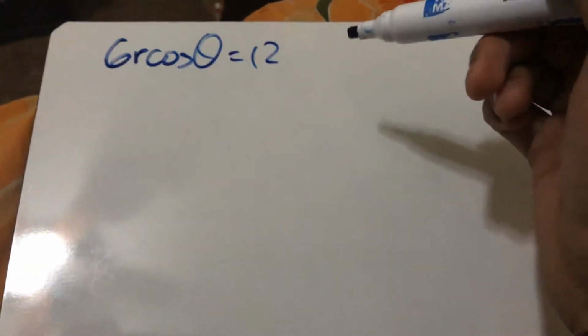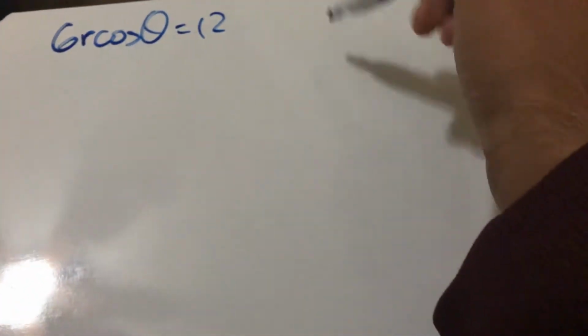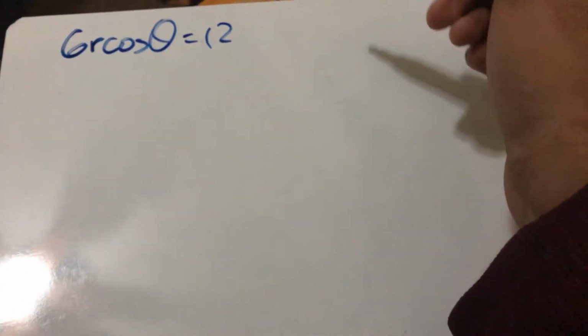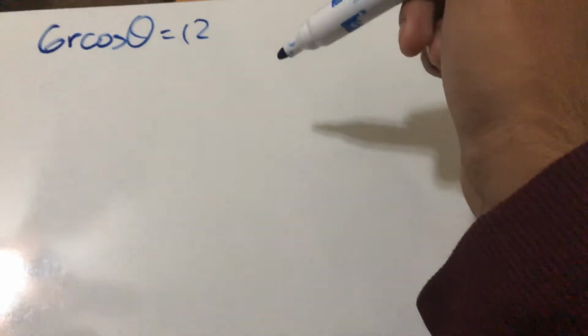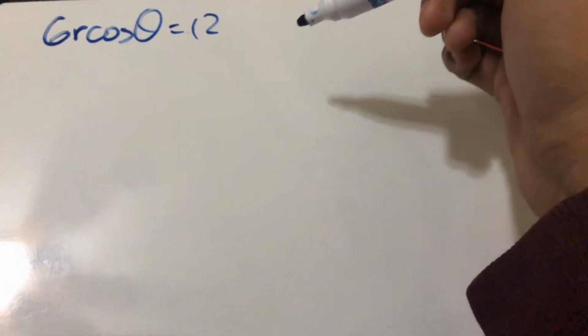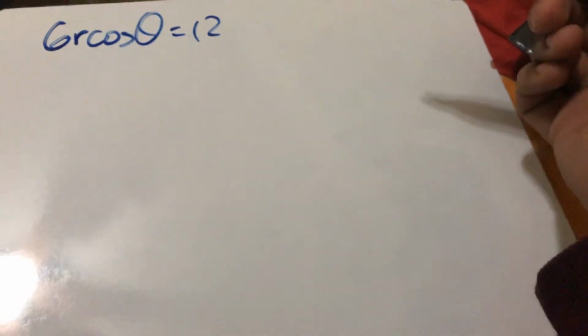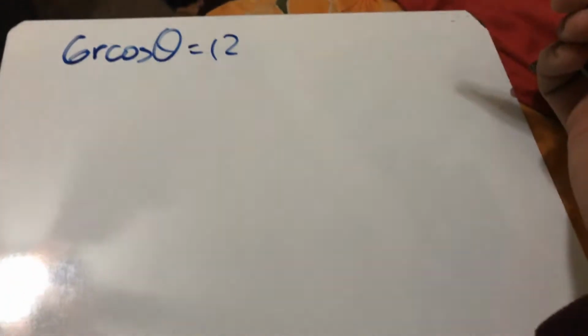So if we look at number 36, 6r cos theta equals 12. And what I'll recommend you guys do is maybe look at the first two, and then once you get comfortable with it, try and do the next two on your own. That way you can at least try it and then check your answer with the video.